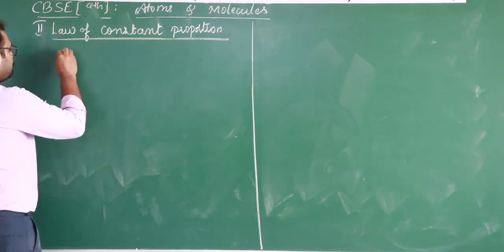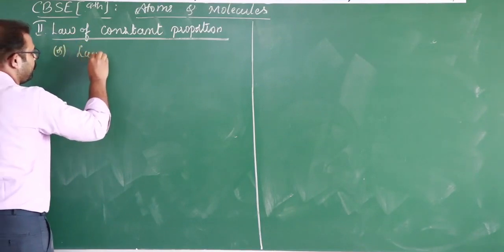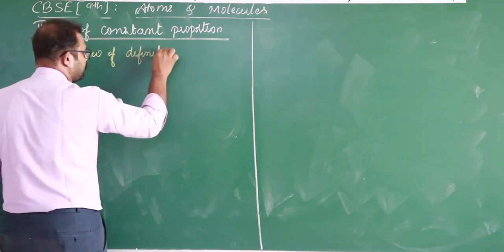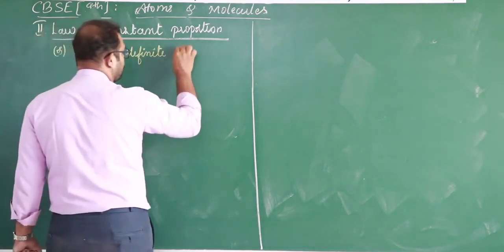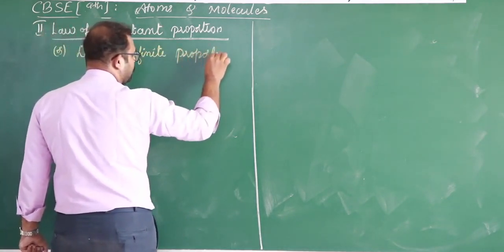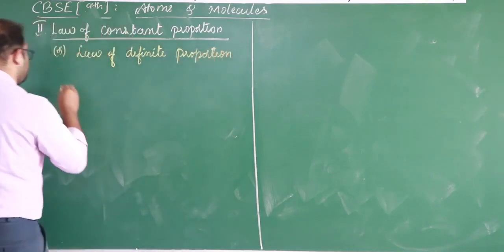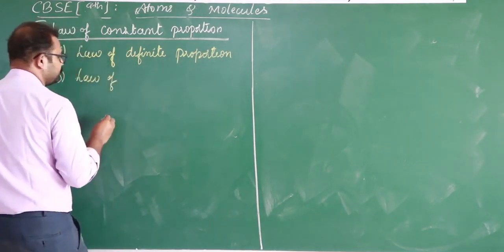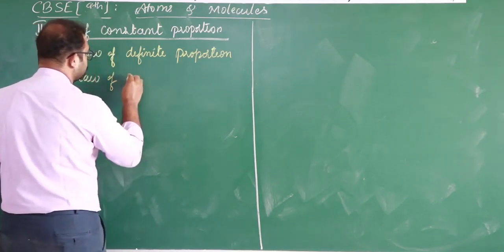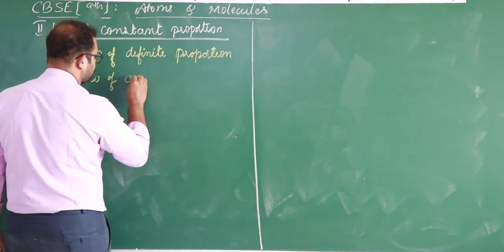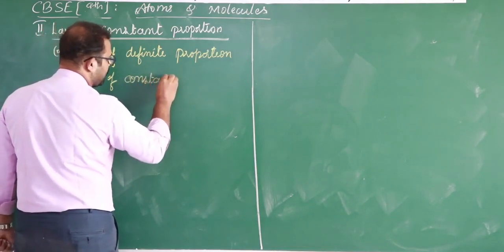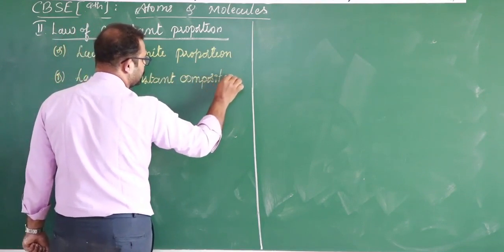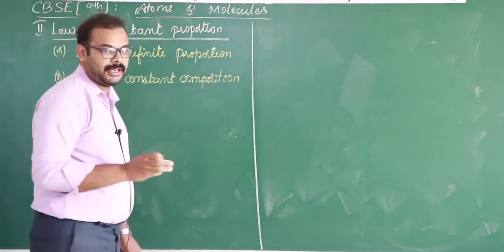The law of constant proportion is also called the law of definite proportion or the law of constant composition.